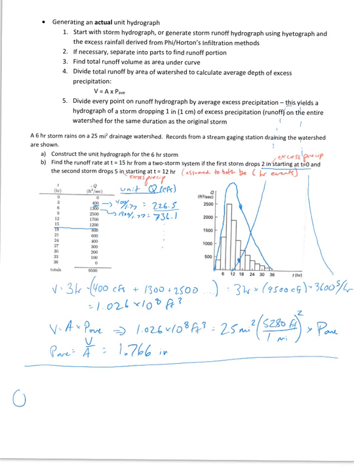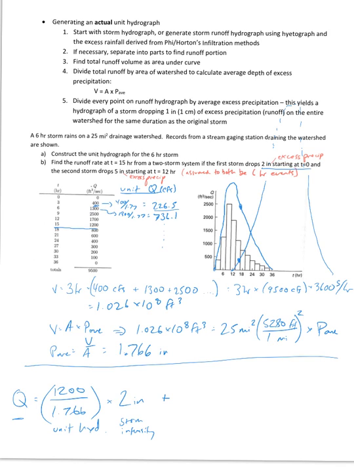So Q is equal to 1,200, but then we want to divide that by 1.766. That will give us our unit hydrograph value. Now we multiply that by the intensity of the storm, which was 2 inches of excess precipitation. That gives us the runoff, the Q, from that first storm 15 hours after it started.